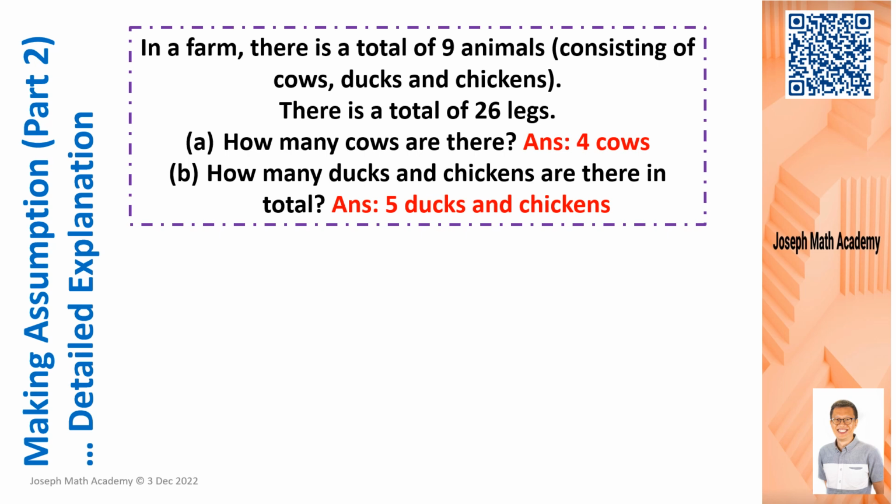I have worked this out earlier, so the answer should be there are 4 cows and a total of 5 ducks and chickens. So I'm going to draw 4 circles, and I'm using red to represent the legs.